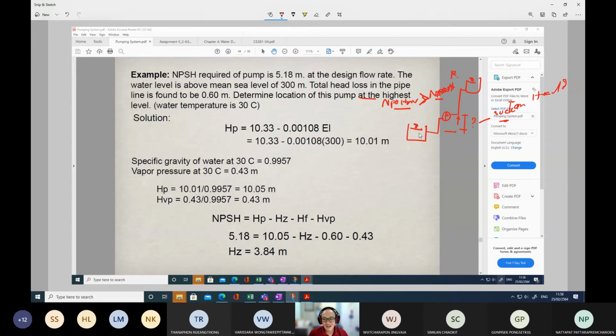The safety factor between the NPSH available and the NPSH required should be at least greater than 1. But according to this example, they don't mention the safety factor.